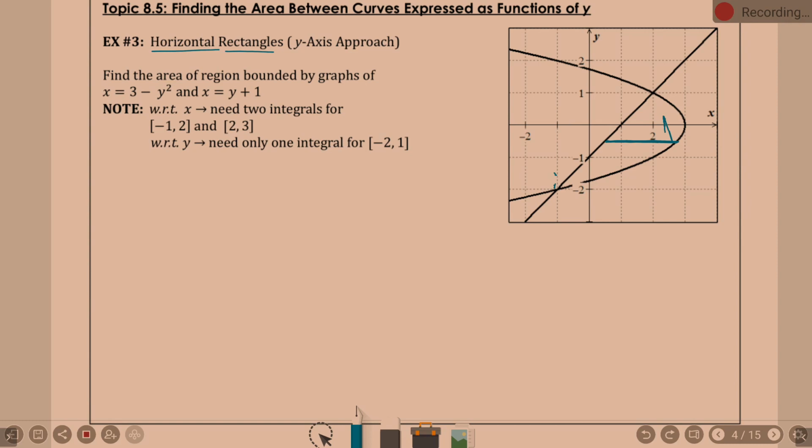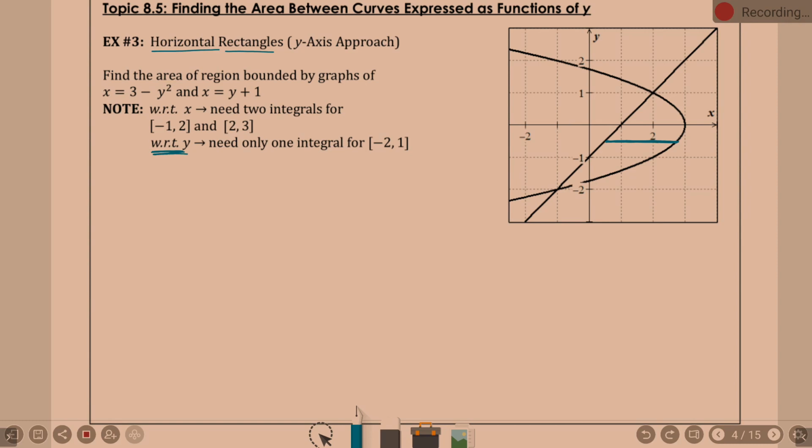Then we have just a parabola, and you don't have that line involved at all. So with respect to x, you would have to have two pieces. You'd have to have the piece from -1 over to 2, and a separate piece from 2 to 3. With respect to y, this is why we're going to do this one horizontally, we only need one integral.